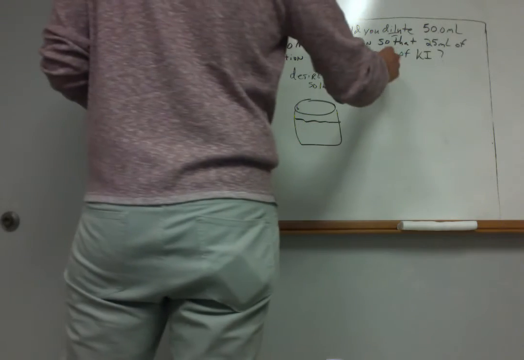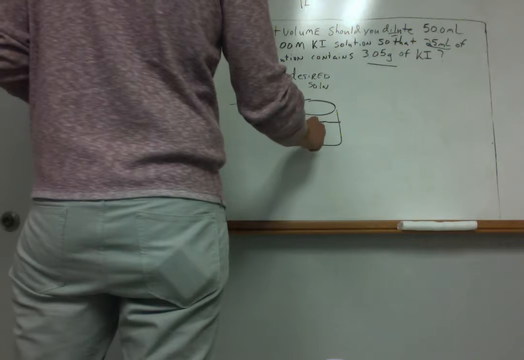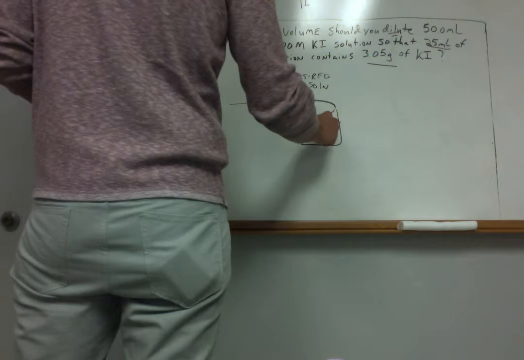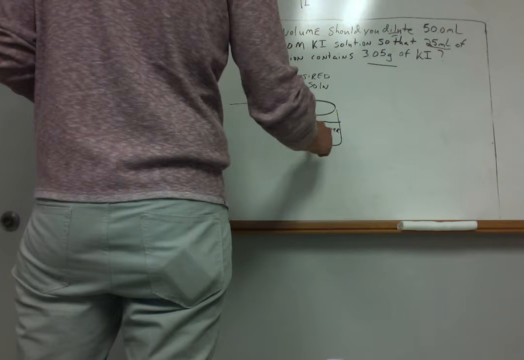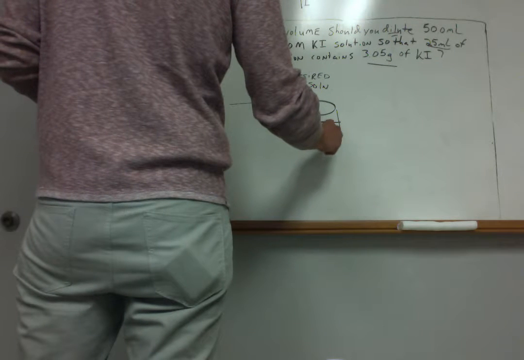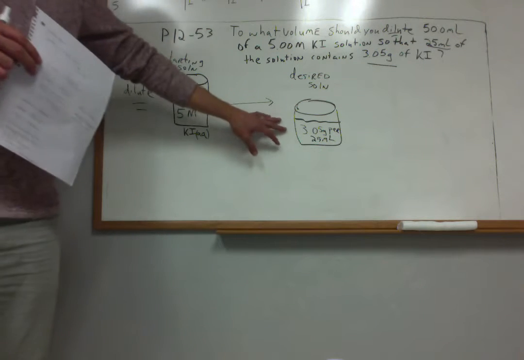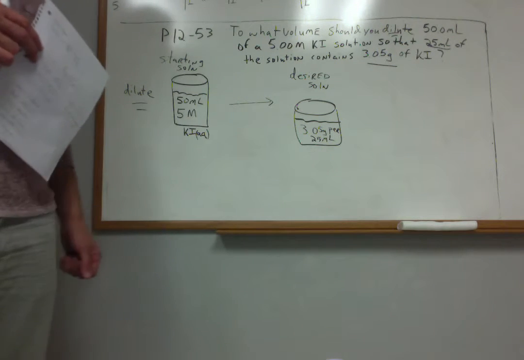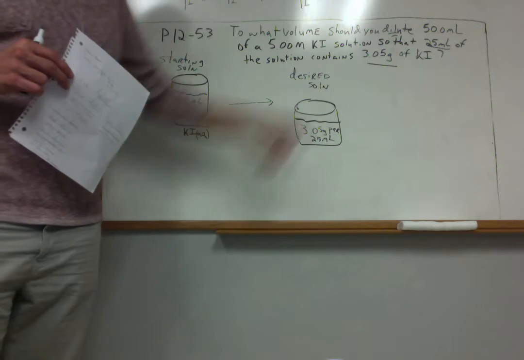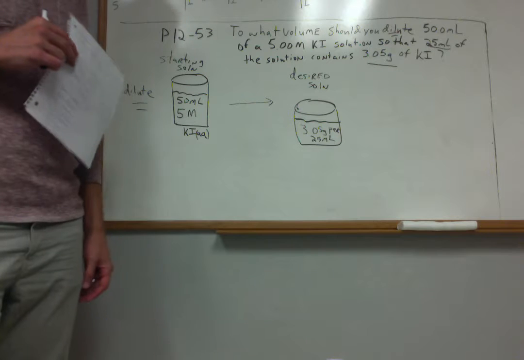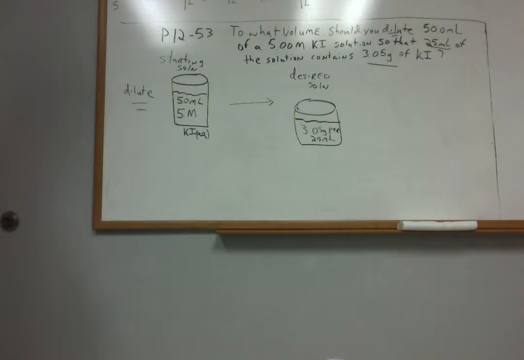Well, they give me some characteristics of it. Specifically, that in my desired solution, for every 25 mils of that solution, I'm going to want that 25 milliliter volume to contain 3.05 grams of my solute potassium iodide, okay? So this is the sort of thing that we're faced with here, okay?